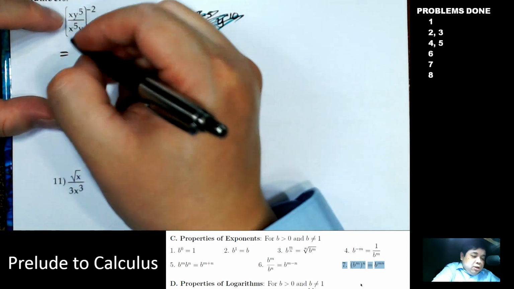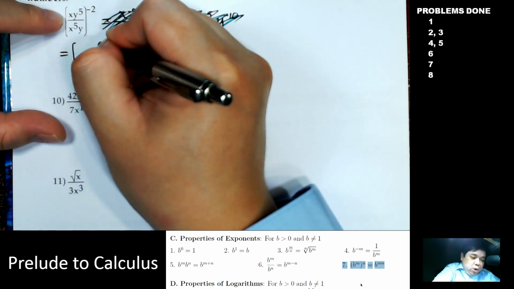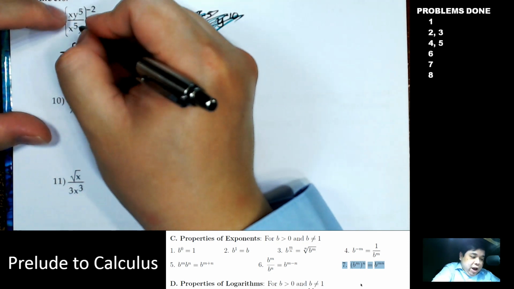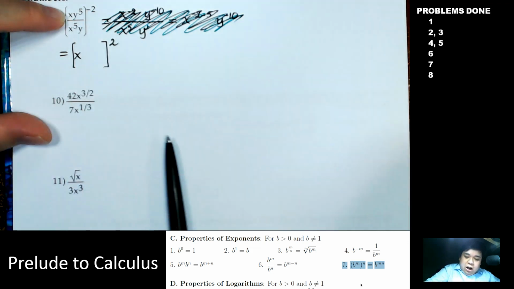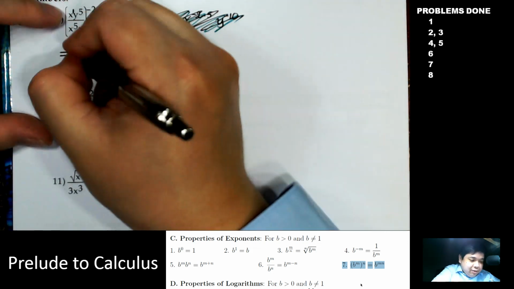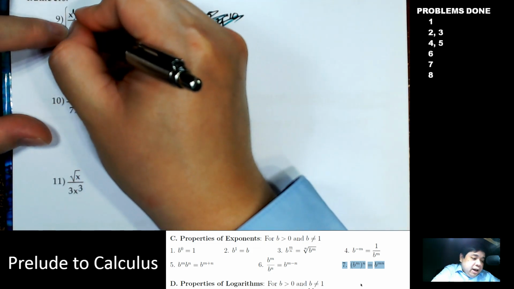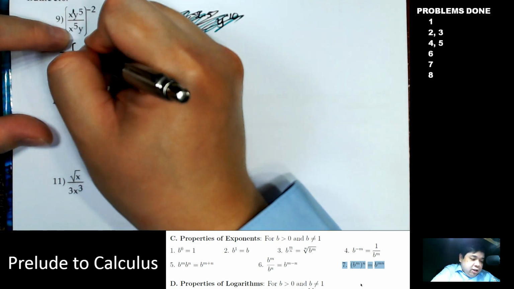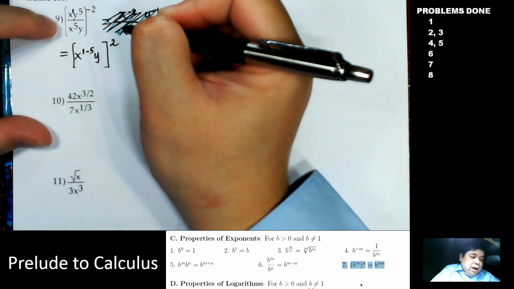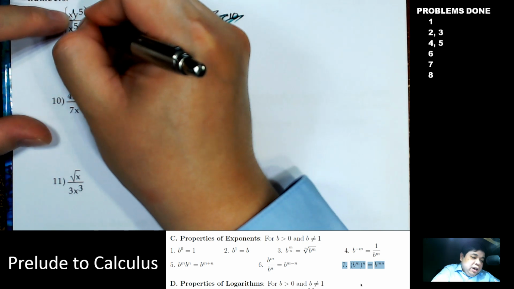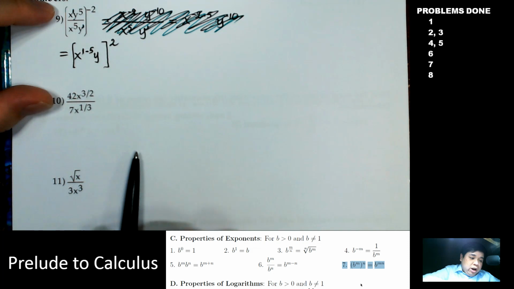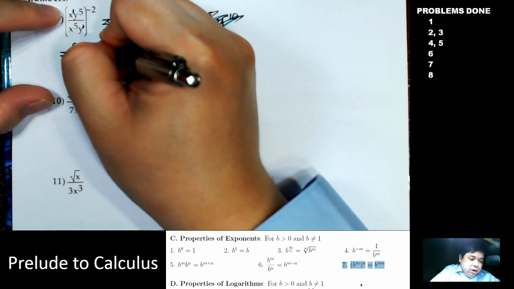Right. So we still have the square outside. Now x, by default, is to the first power. And then when we divide, we subtract. And then y, by default, this is 1. And we are dividing, so we subtract the power, 5 minus 1.